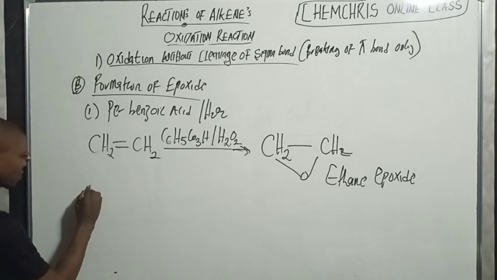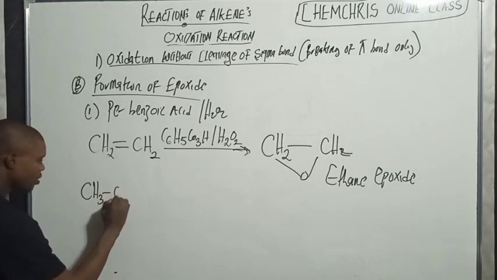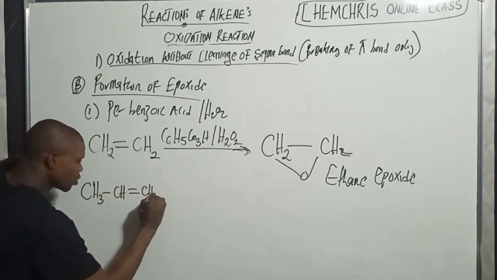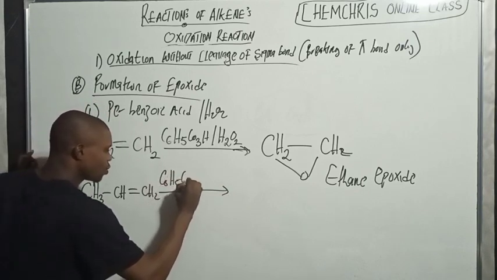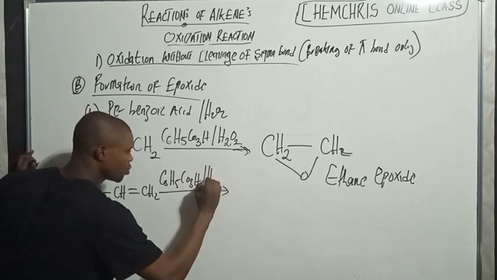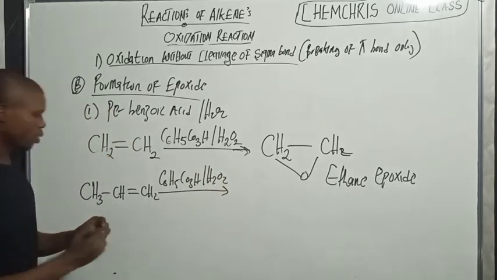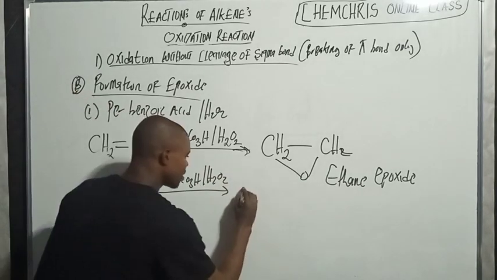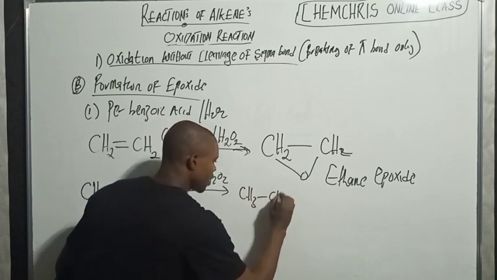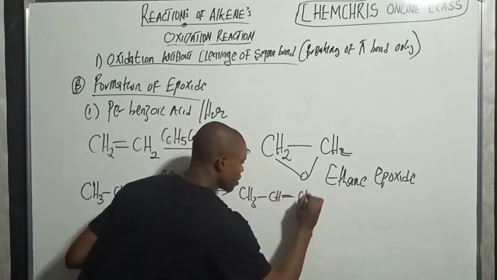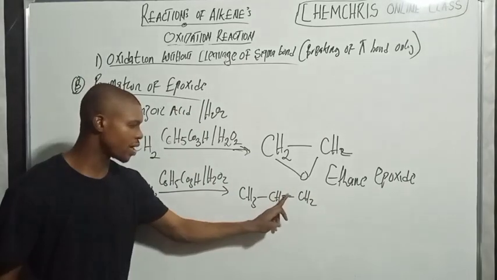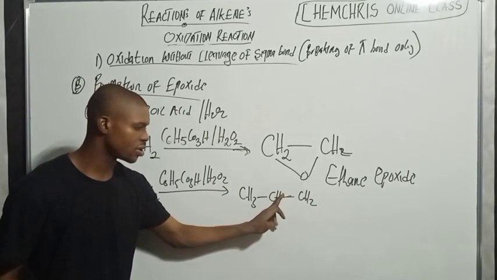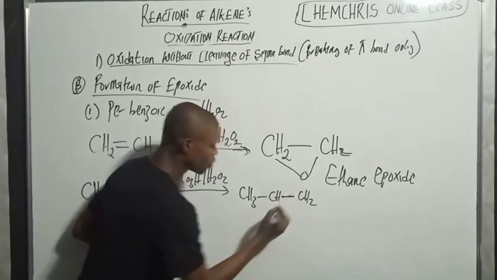For example, here we have CH3, CH double bond CH2, and here we have C6H5CO3H slash H2O2. What will be the product of the reaction? So you have CH3, CH2. Look at it here. You can see that it will break the pi bond.